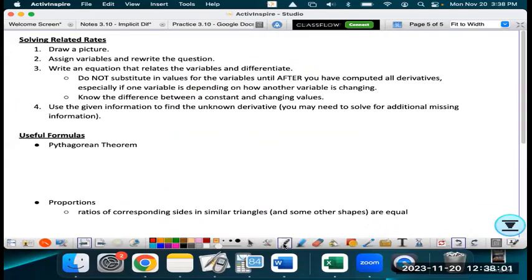Moving on to just a general overview of the process for solving related rates problems. The first and second things that we want to do are draw a picture. In fact, I would kind of lump those together. Draw a picture and assign variables, rewrite the question using your want, no statements.